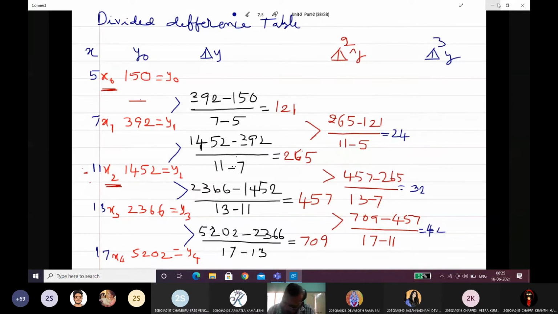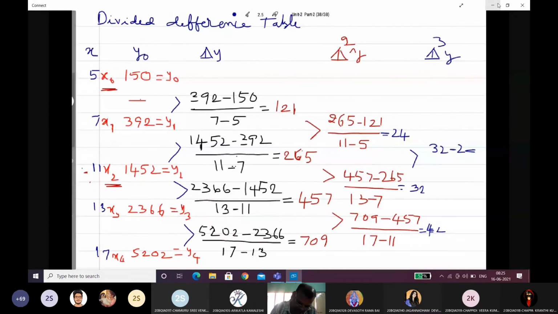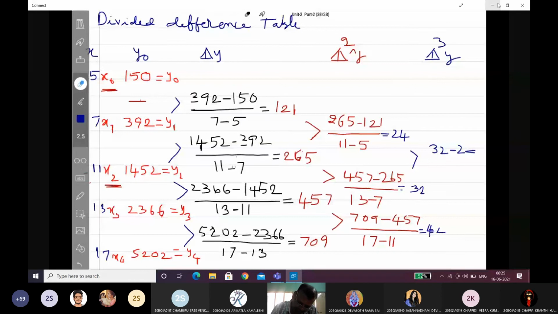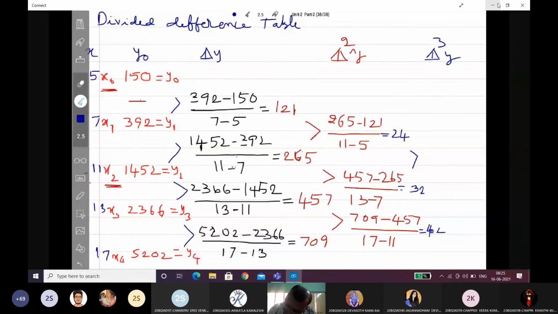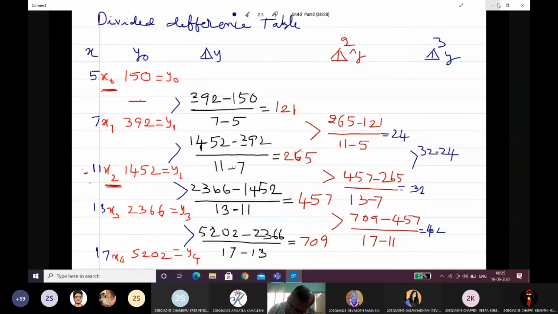Now again, the difference of these two: 32 minus 24 by x3 minus x0, that is 13 minus 5. Next, 42 minus 32 by x4 minus x1, 17 minus 7.